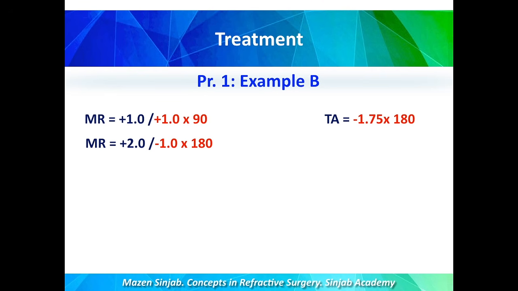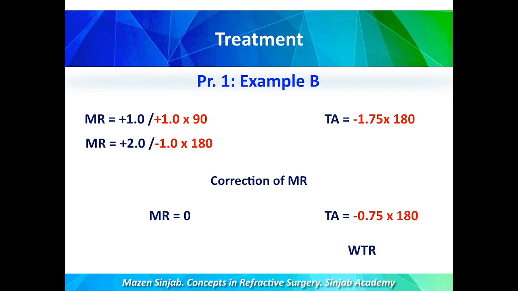So it becomes +2 sphere -1 cylinder at 180. So both are the same direction, both are with the rule astigmatism. So if we correct manifest refraction, the postoperative manifest refraction will be 0, and the postoperative topographic astigmatism will be -0.75 at 180, which is with the rule astigmatism, and the case is straightforward.